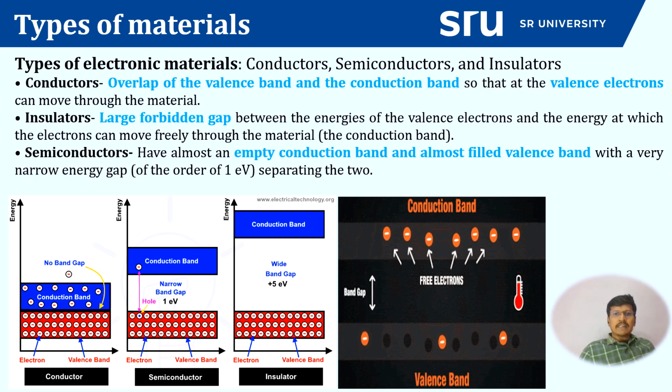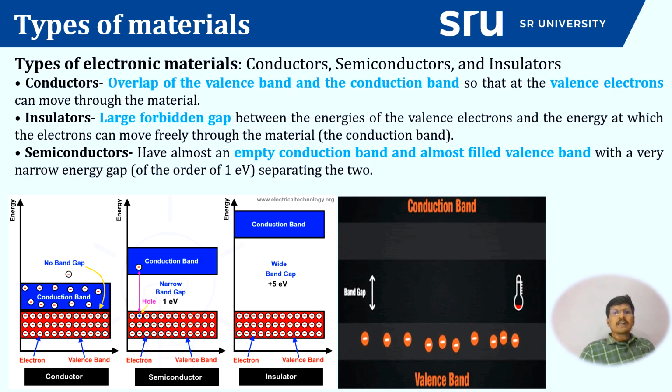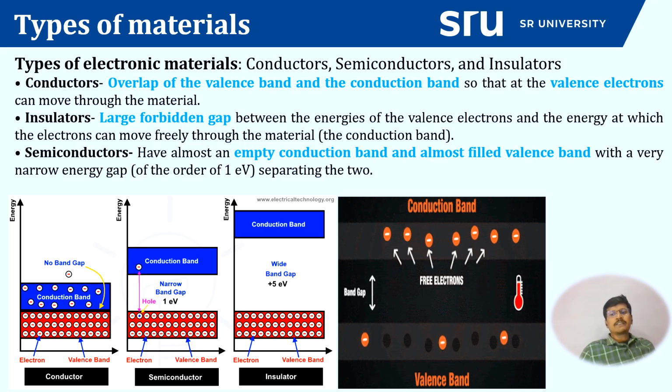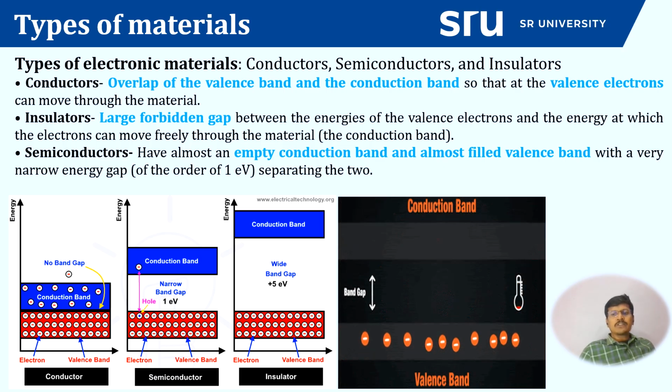Between these two categories lie semiconductors. The conductivity of semiconductors is between the conductors and insulators. It is higher than the insulators and lower than the conductors.